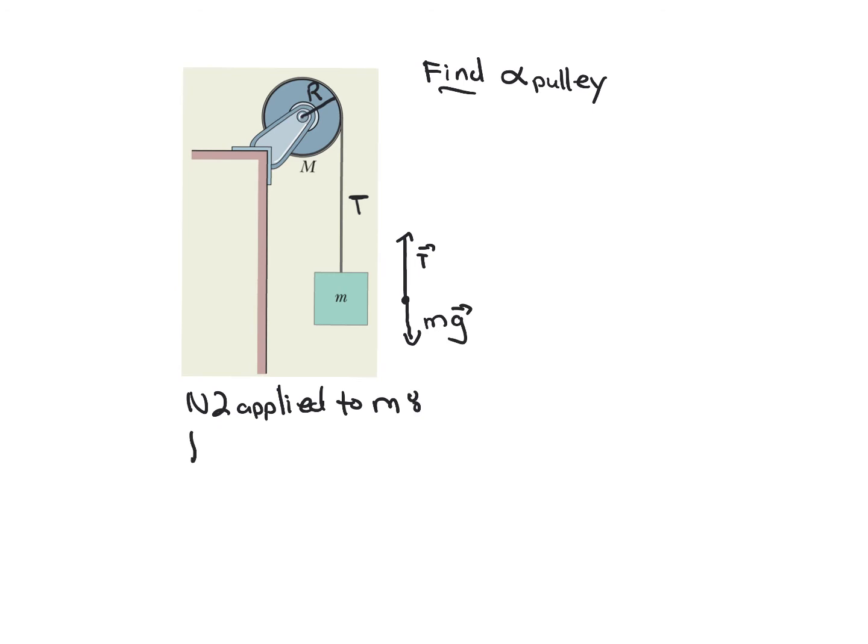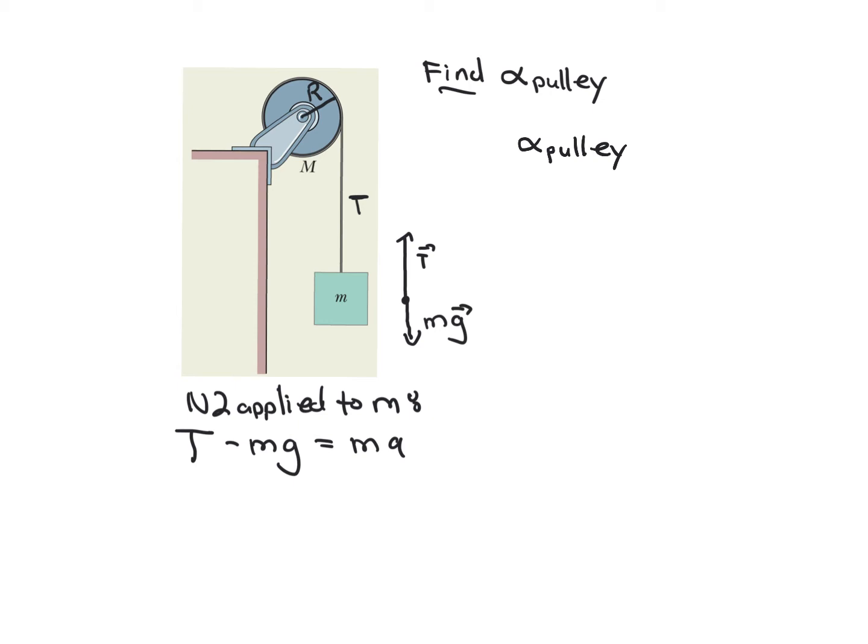It's going to tell us that T minus mg is equal to ma, where we've adopted the usual sign convention where the acceleration of the block is considered positive if it's accelerating in the upward direction.